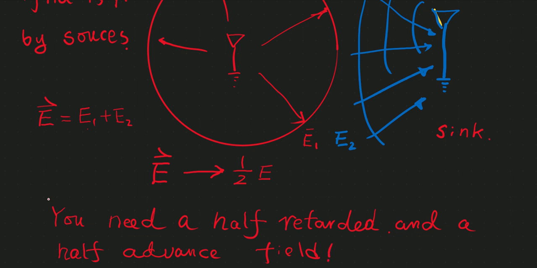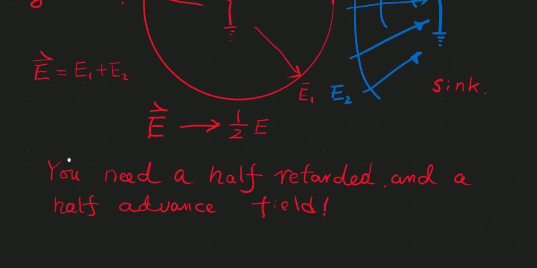Oh, you need a half retarded and half advanced field. So that is the reason we need to do this in the formula.